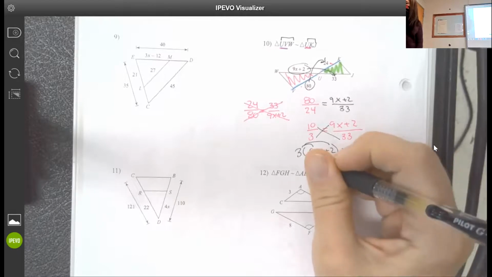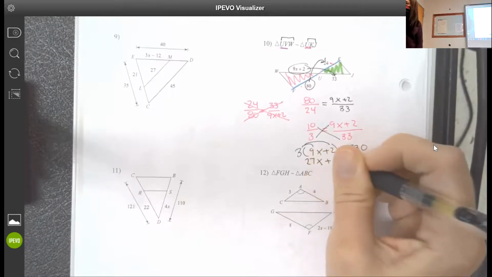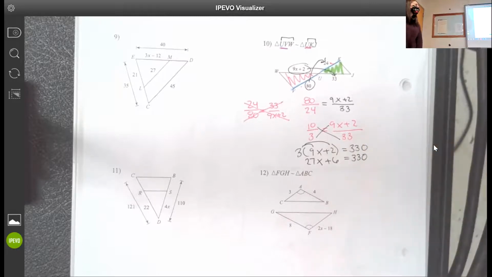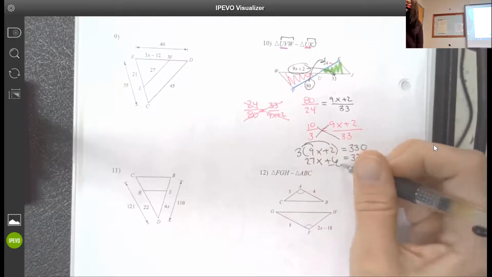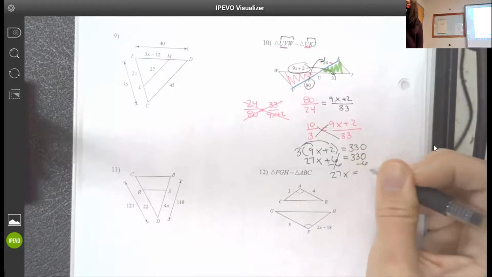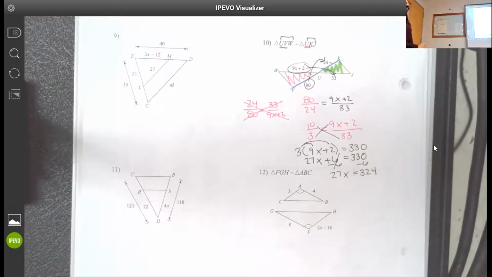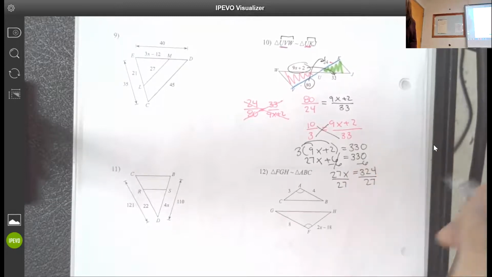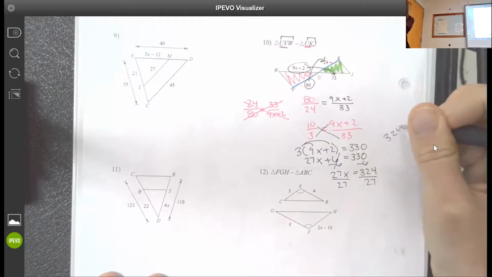So then I have 27x plus 6. Subtract 6. Who knows? Oh man, I'm already stressed about this division. We'll figure it out. 324. Yeah. Okay. Divide by 27. Let's look at it and see how it goes.